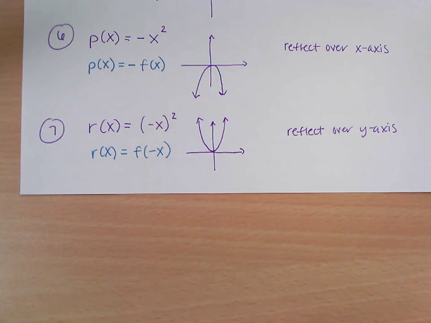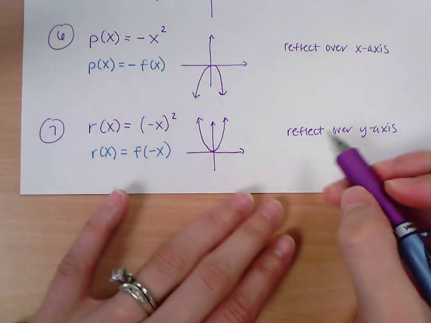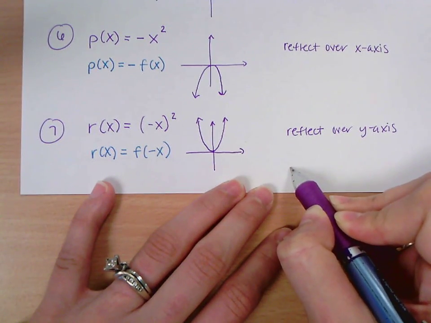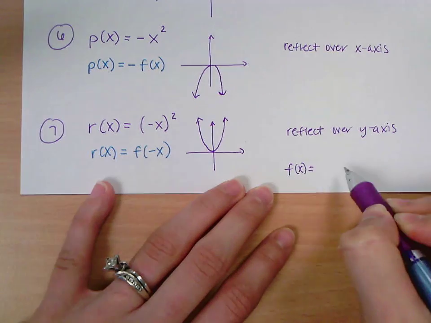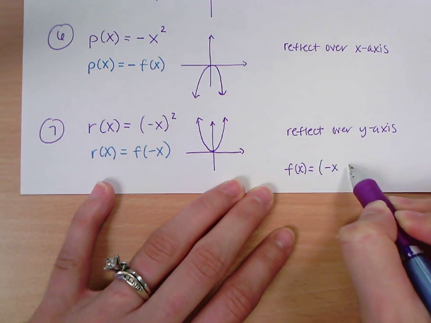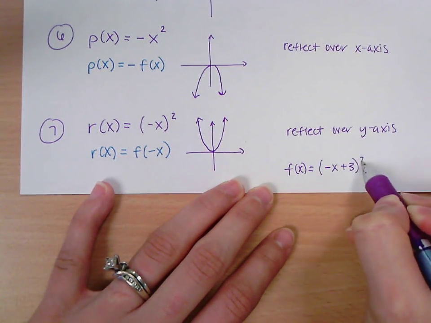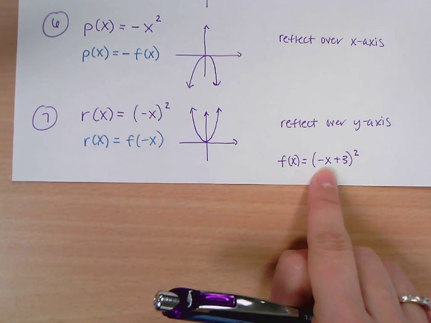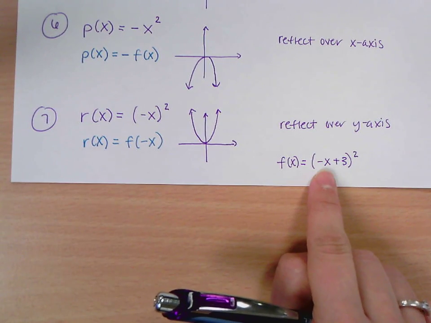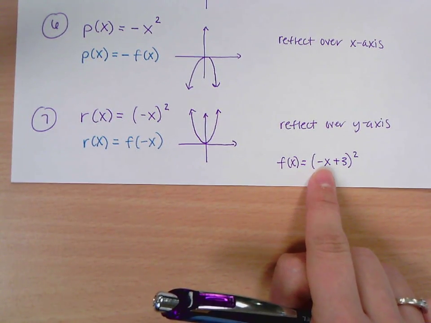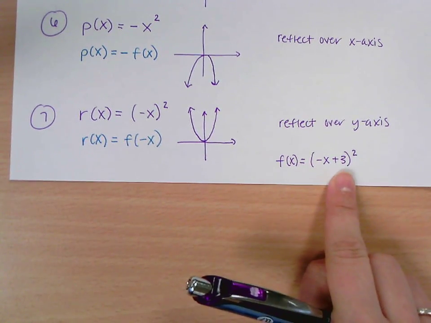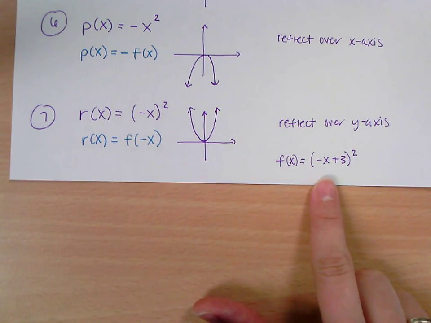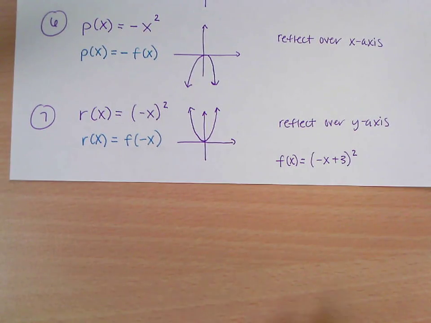But Dan was just asking if you had something like, I'll just use f of x again, negative x plus 3 quantity squared, you'd want to do the multiplication first by -1. So you'd make x negative first, you'd reflect it first, and then shift it to the left 3. So it would look the same as if this was positive x plus 3 quantity squared.